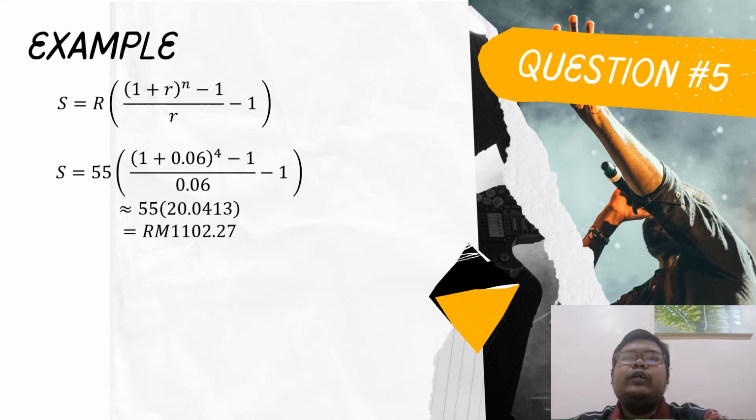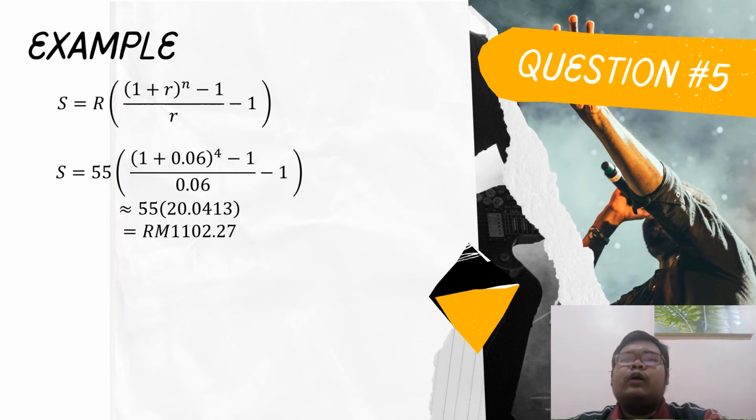So to calculate question 5, we use the formula S equals R open bracket (1 plus R) to the power of n minus 1 over R minus 1 close bracket.